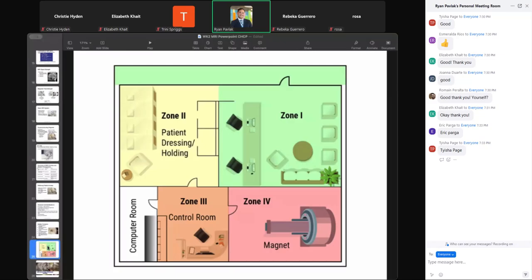Zone 3 is going to be the control area and where the technologist is going to be scanning the patient. And then zone 4 is where the magnet is. So zone 3 and zone 4 are typically the most restricted areas in the entire hospital.